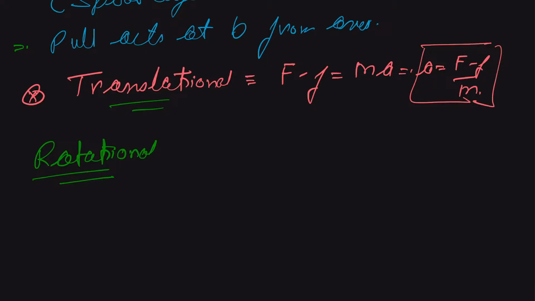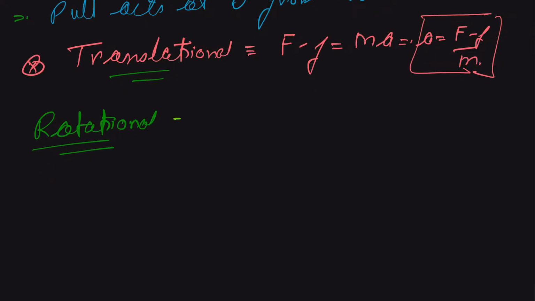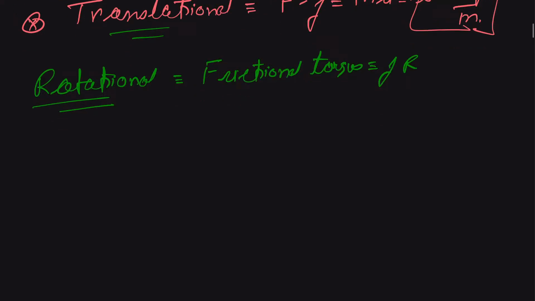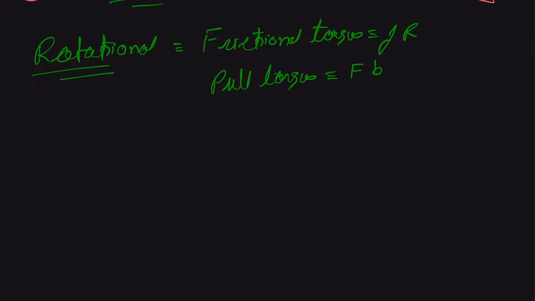The frictional torque is our friction multiplied by the radius, and then we have a pull torque or force torque, and that is equal to our force multiplied by the radius, B. One is clockwise, the other one will be counterclockwise.